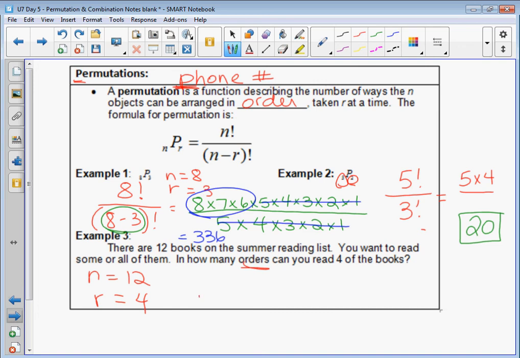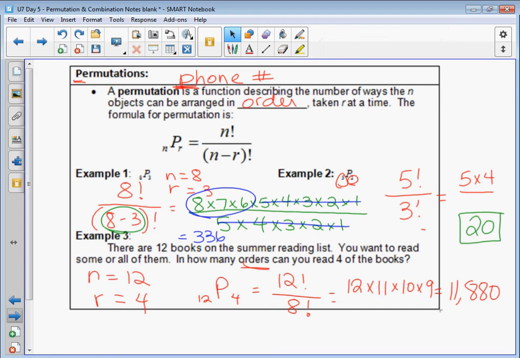So we have 12P4, which will be 12 factorial over 12 minus 4, which is 8, 8 factorial. 8 factorial and lower will cancel, so we're going to have 12 times 11 times 10 times 9, which is 11,880.